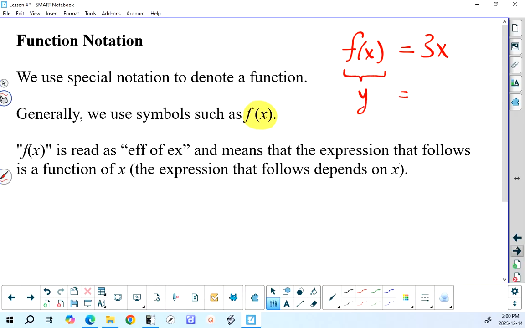If you are truly bothered by that notation at any point, you can always replace the f of x with y, because that's really all it means. Well, that's all it means at this level. It's going to get more and more involved and meaningful to put f of x rather than y. But if it really bothers you, just put y.